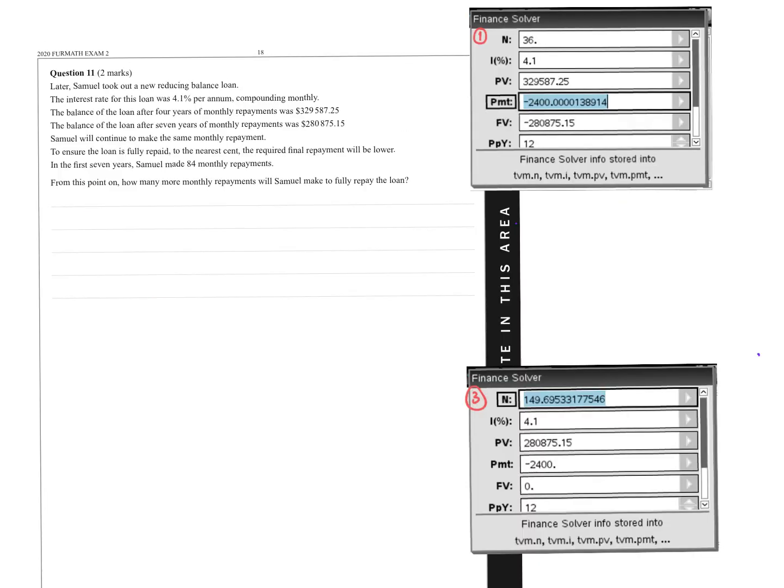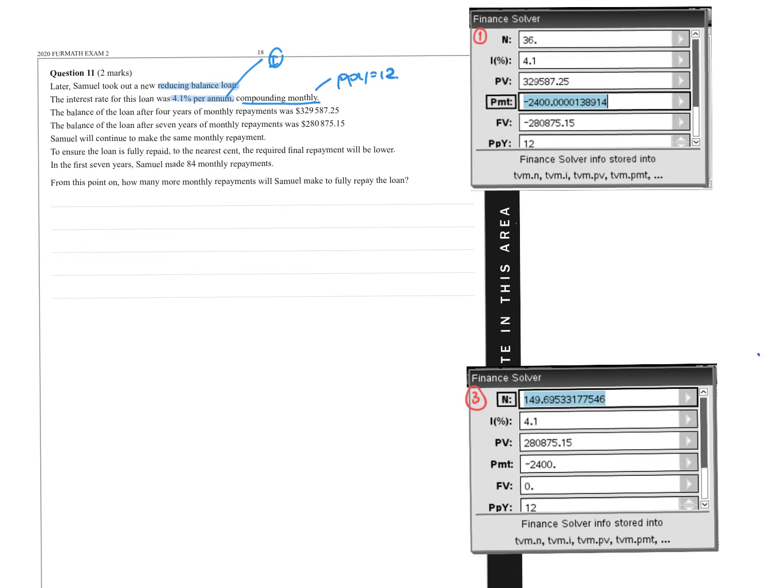Okay, later Samuel took out a new reducing balance loan. The interest rate for the loan was 4.5% per annum, compounding monthly, so PPY equals 12. And we've got the balance after 4 years and the balance after 7 years.